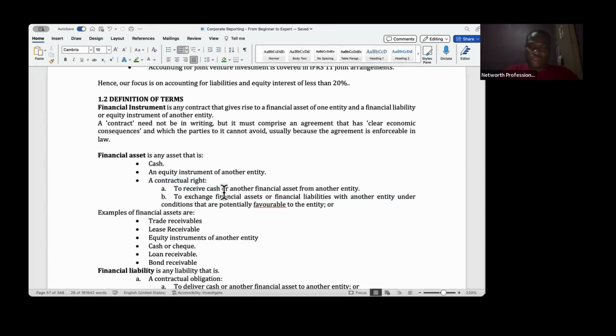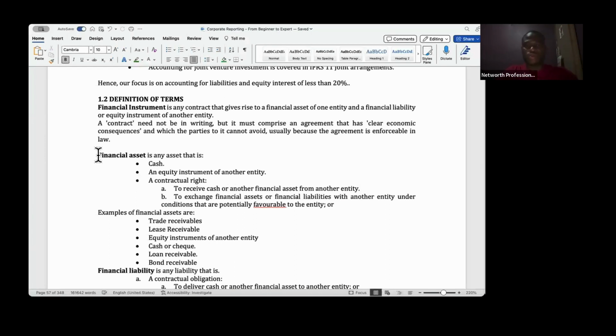So that's this other part: another financial asset from another entity, or to exchange financial assets or financial liabilities with another entity under conditions that are potentially favorable to the entity. This speaks to some other complex financial instrument transactions that are beyond our scope in ICAN exams. Speaking from experience, we're going to focus on understanding what a financial asset is for your exam.